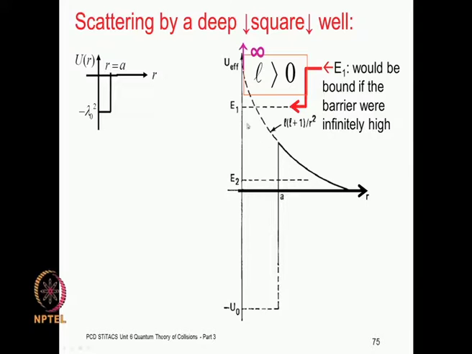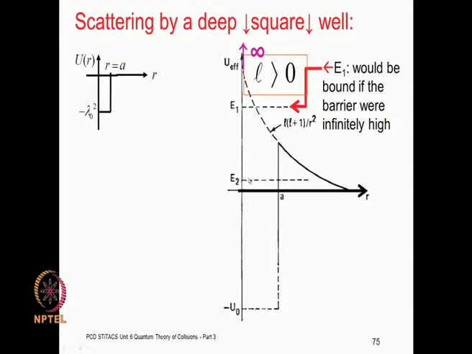So, if you consider a particular energy like E1 as you see in this figure, then you can see that a particle with this energy would not have a chance of being bound unless the barrier was really high. It needed to be high enough, and if the barrier was infinite, then of course you could have trapped it inside. Okay? So, this would not be a bound state.